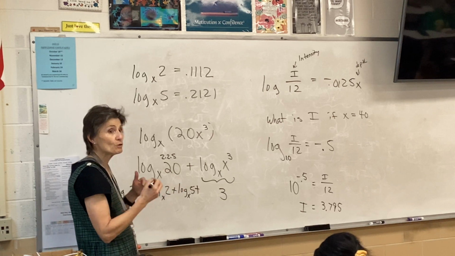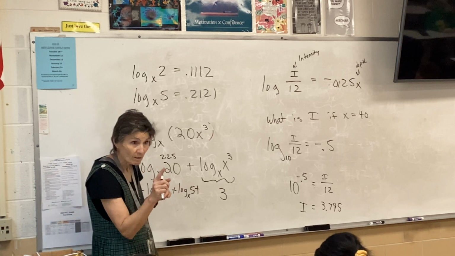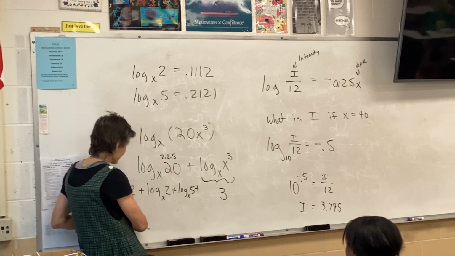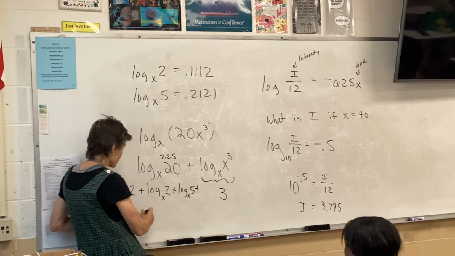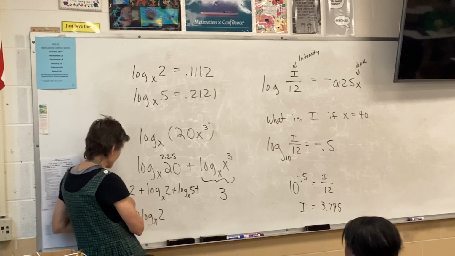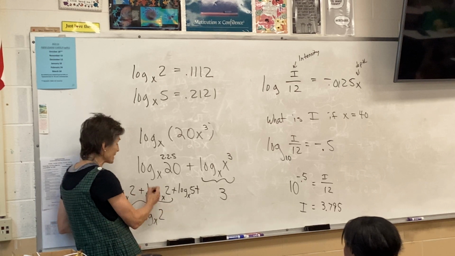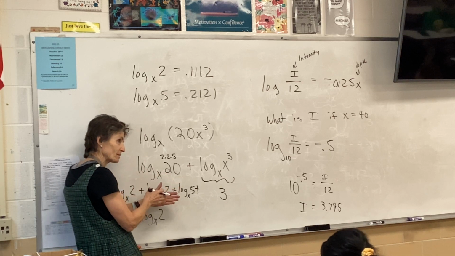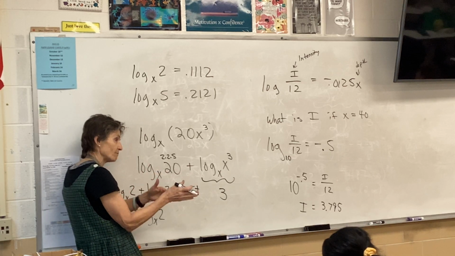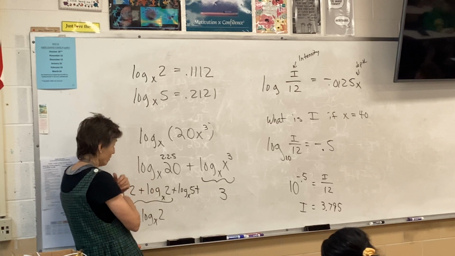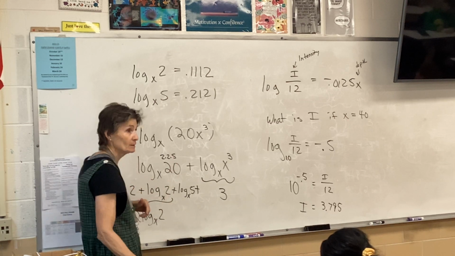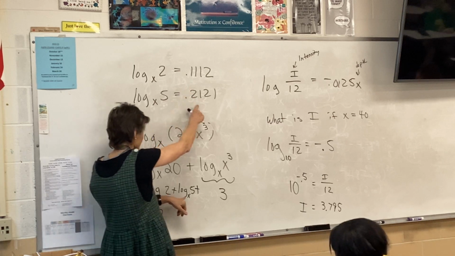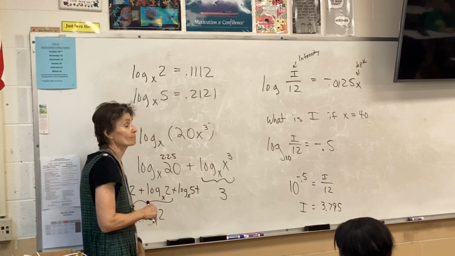Now some of you may have used 4, which is 2 squared, so you might have this written as 2 log 2's. Is that the same thing? Yeah, so it doesn't matter, however you thought about it. It broke it down into its prime factors: 2, 2, 5. And then that's your answer. So it's just that number plus that number plus that number plus 3.